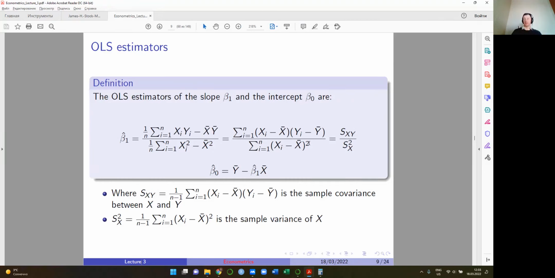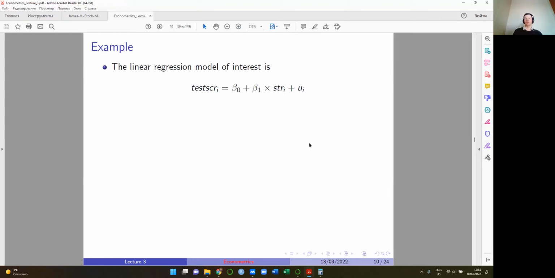So now let's see how we can calculate these things based on the example. Remember that in the last lecture, we discussed the following linear regression model. We wanted to estimate the parameters beta 0 and beta 1 that relate test score to the student to teacher ratio.